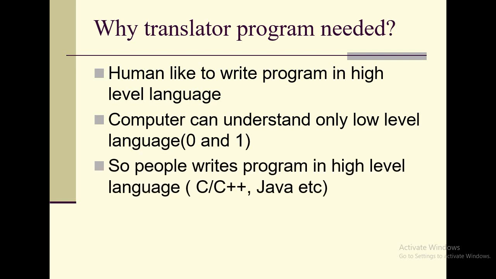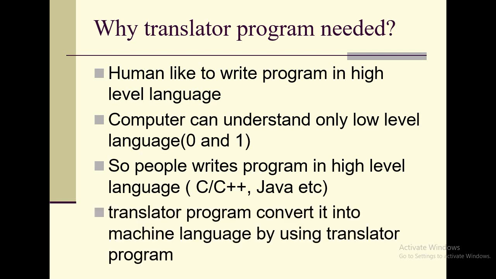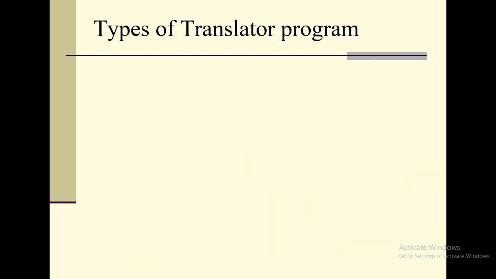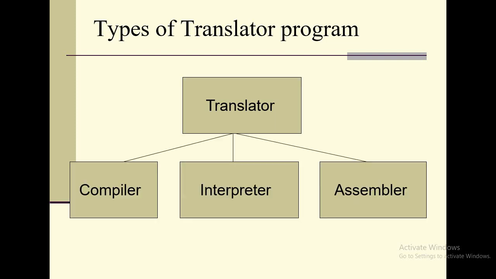So people write programs in high level language like C, C++, Java, etc. and the translator program will convert it into machine language. There are three types of translator program: compiler, interpreter and assembler. Although all of them are translators, there are some differences among the working procedures of these translator programs.